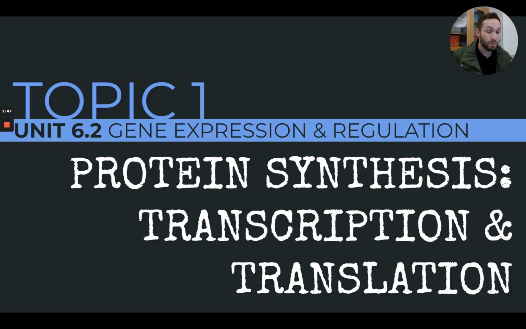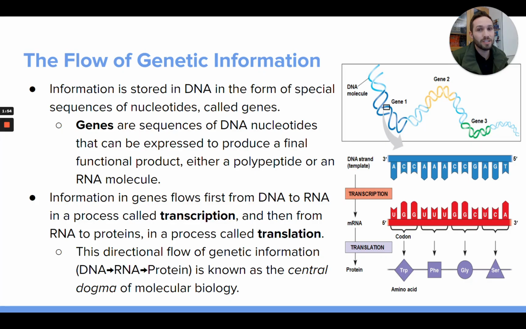This process of protein synthesis involves two steps. There's a step called transcription and a step called translation. We'll take a look at both of those in this video. But just to remind you about what a gene is: you have a bunch of DNA made up of nucleotides, and genes are special sequences in your DNA that have the instructions to make some sort of functional product.